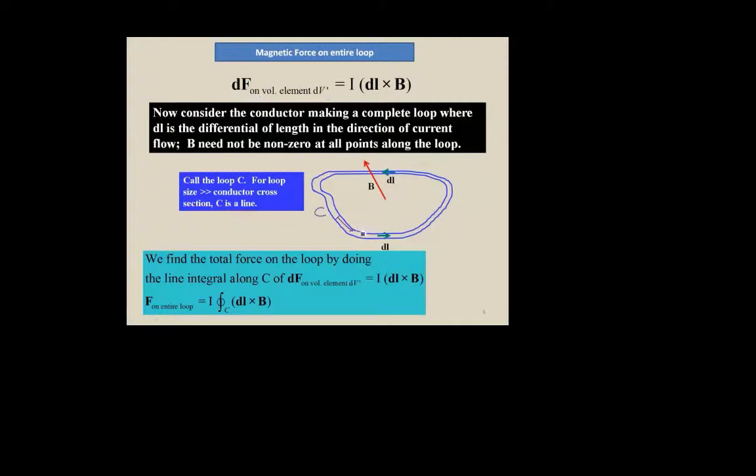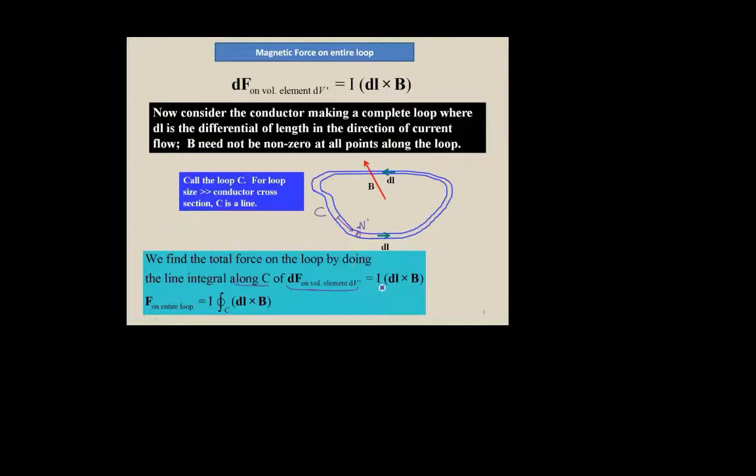Remember, dv prime is a little volume element that might look like this, times dl. Okay, so to find the total force on the loop, we do the line integral along this path C of the differential of the force on that volume element dv prime. So this is a dv prime right here, and there's dv primes everywhere along that loop.